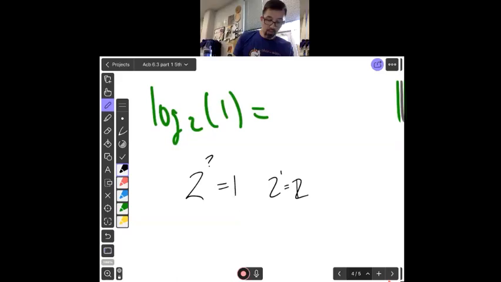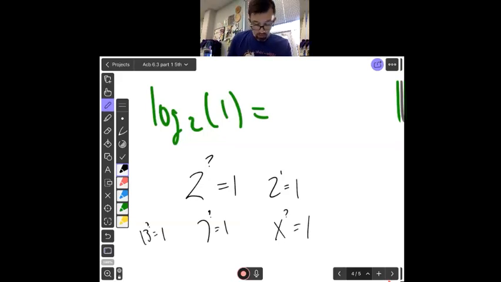How do we get 1? Anything to what power is 1? What exponent do we raise to get 1? 0. 2 to the 0 power is 1.